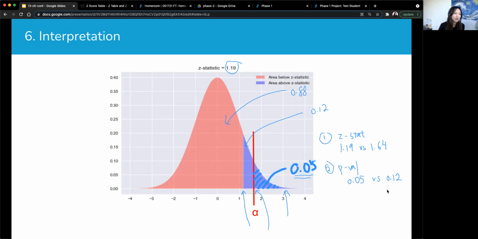Typically through Python, we look at the p-values, because when you have a p-value, it automatically does the fact that we started with 0.88 and then had to split that around. Python automatically does that for you. And usually what we're looking for is a p-value to be as small as possible, less than 0.05. So in a lot of the things that we're going to see moving forward, we're going to look at the p-value, and we want it to be as low as possible.